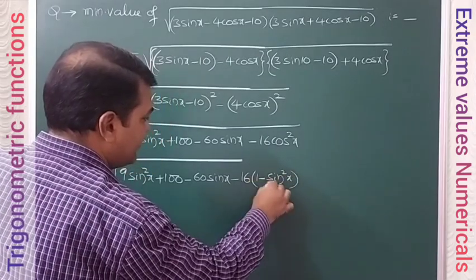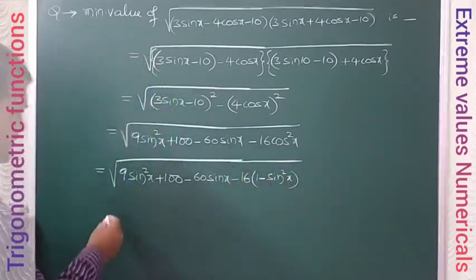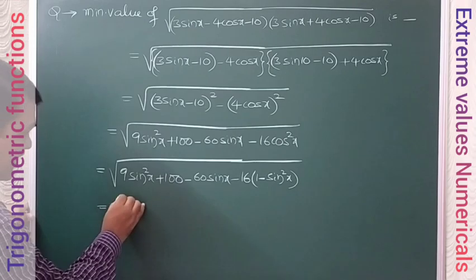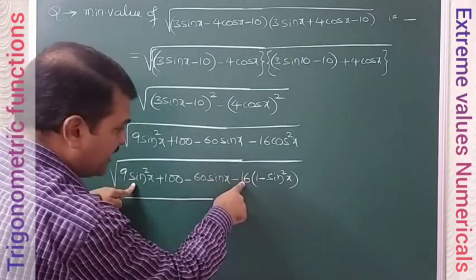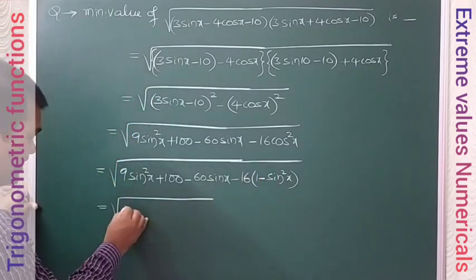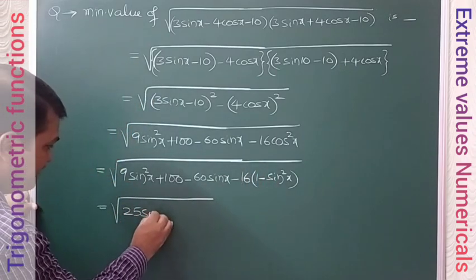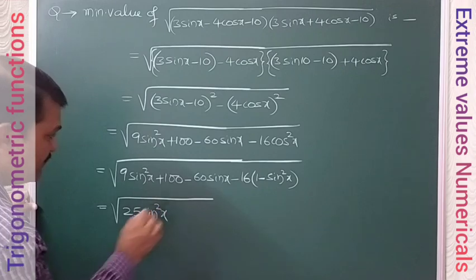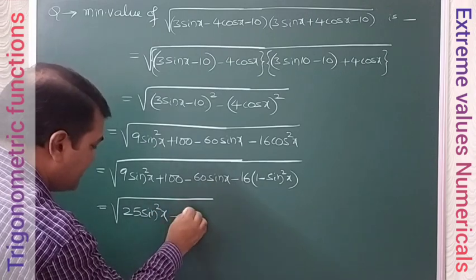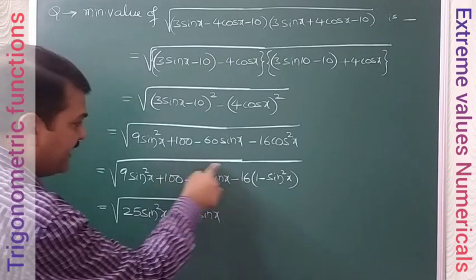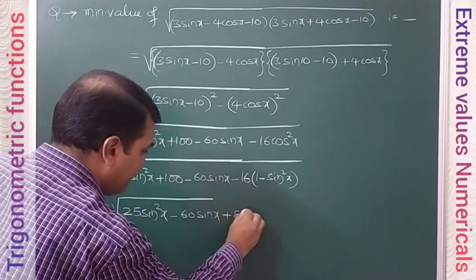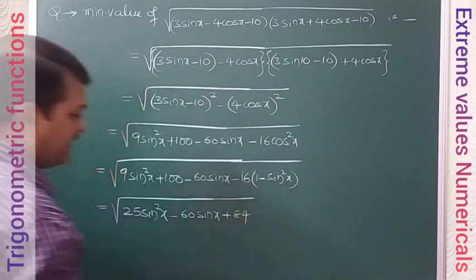Cos square x is written as 1 minus sine square x. Now if we simplify this further, 9 sine square x plus 16 sine square x, that means 25 sine square x, and minus 60 sine x. So 100 minus 16 means plus 84. So you will get like this.